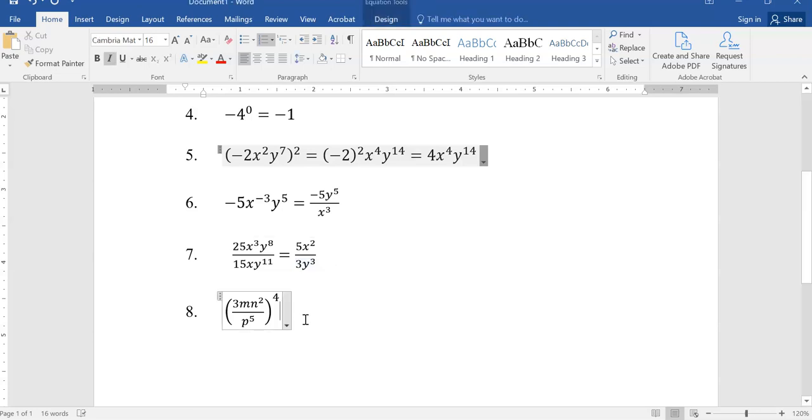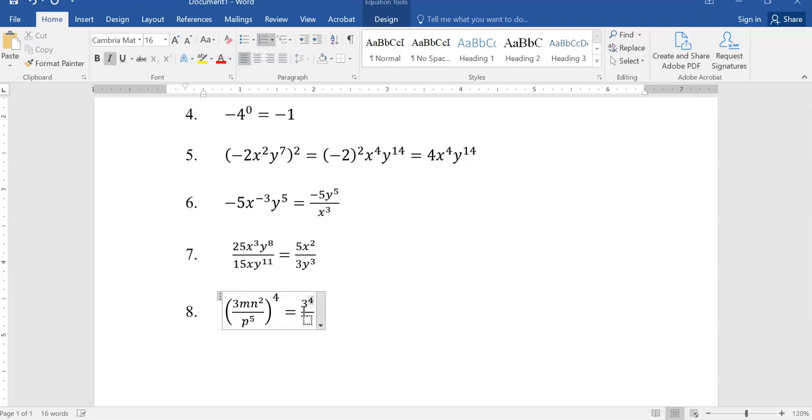Now the last instructor-led problem that we're going to do is this one, 3mn squared divided by p to the fifth, all raised to the 4th power. This is a power to a power rule. So we're going to take 3 and raise it to the 4th power, 3 to the 4th power on top.